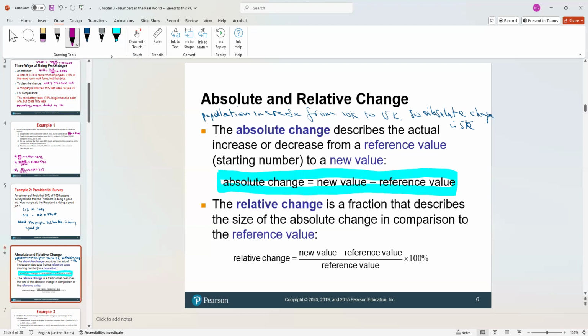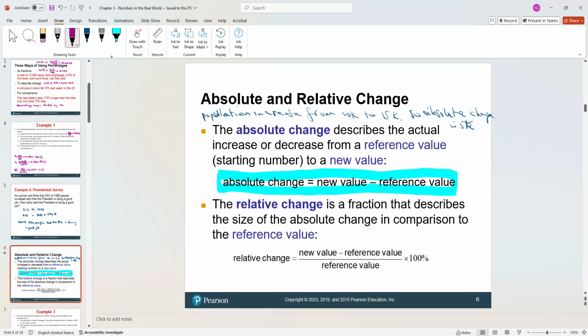Now, because the increase of 5,000 people was 50% of the starting population, it was 10,000 and now it is 15,000. So if you do 5,000 divided by 10,000, it makes 50%. We say that the relative change in the population was 50%. So how do we find relative change?